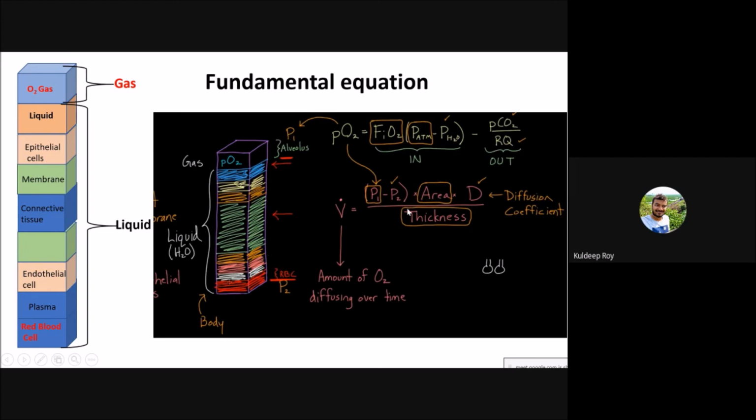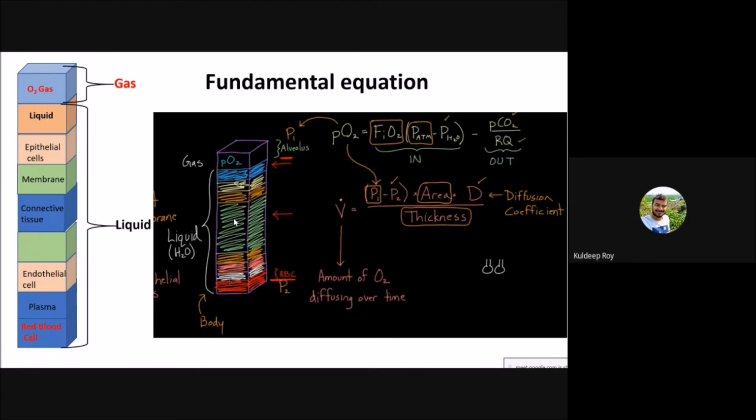P1 minus P2 multiplied by the area. You have to determine the area, and definitely the diffusion coefficient, divided by your thickness. Okay, how much is the thickness? If some layer has a higher thickness, then you have to consider that also.